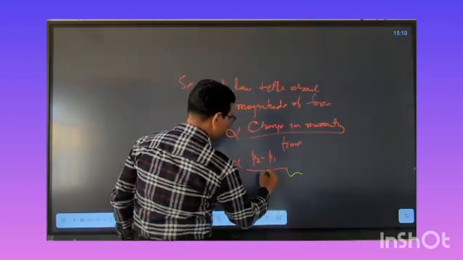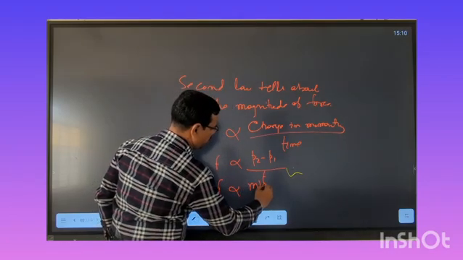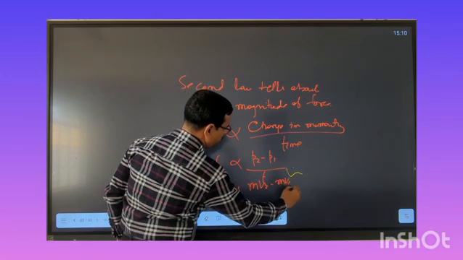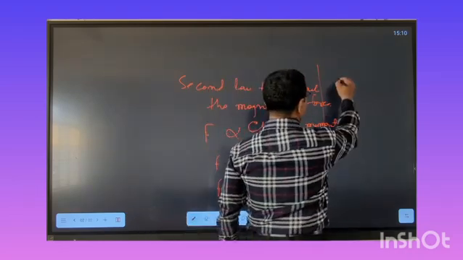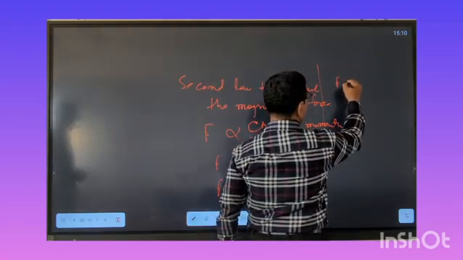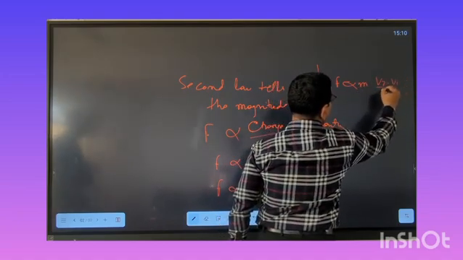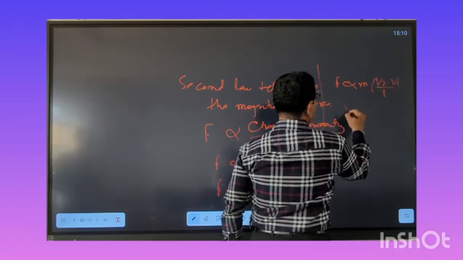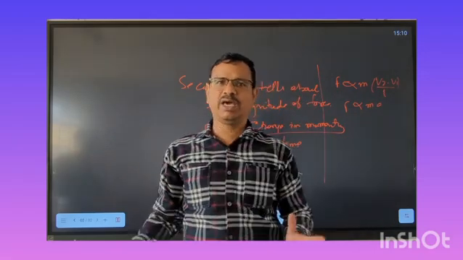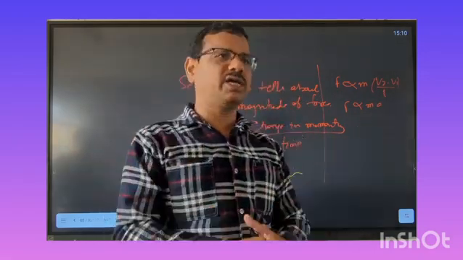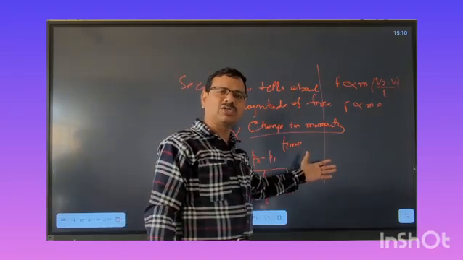So P2 minus P1 divided by t, and F is directly proportional to mv2 minus mv1 by t, so F is directly proportional to m(v2 minus v1) by t, and F is directly proportional to ma. How does the a come? a comes from considering change in velocity by time, and in this way we can find the units of force.